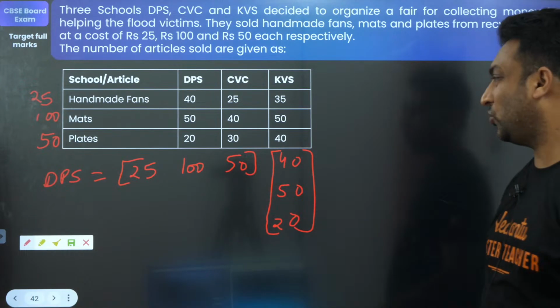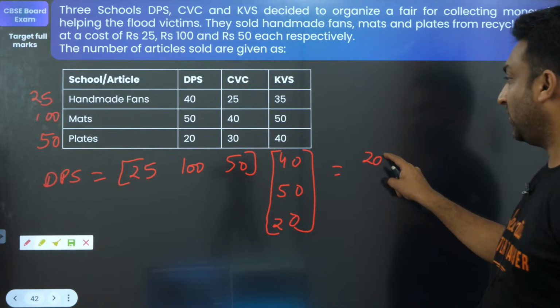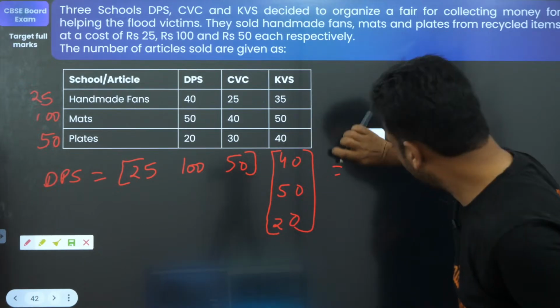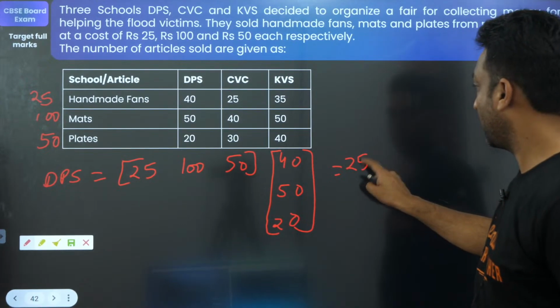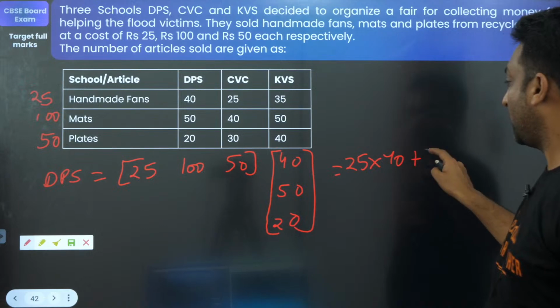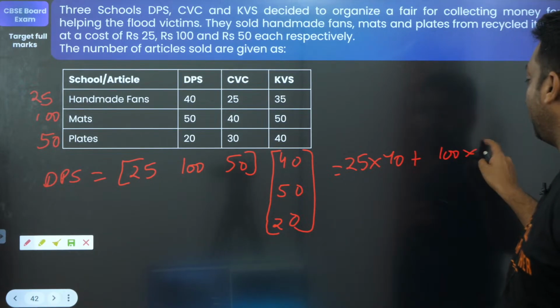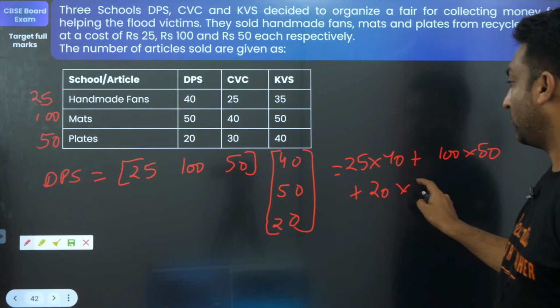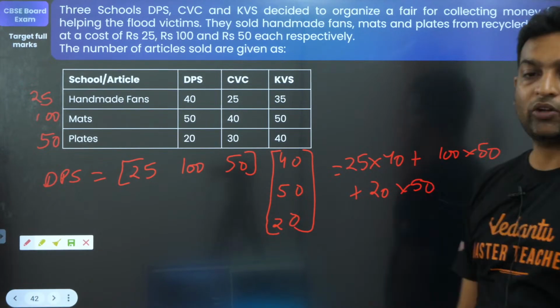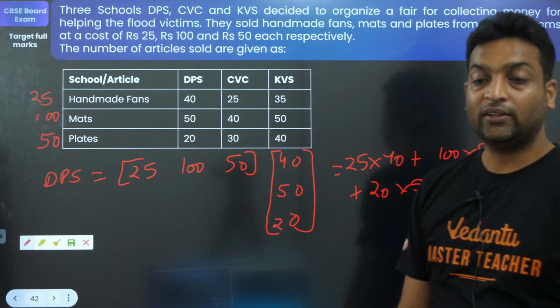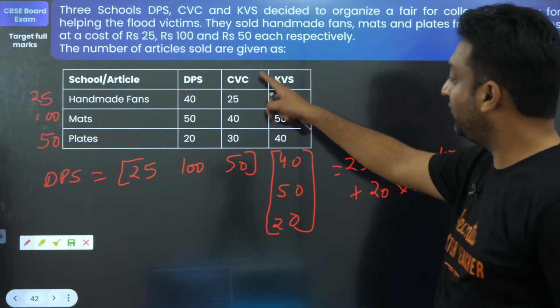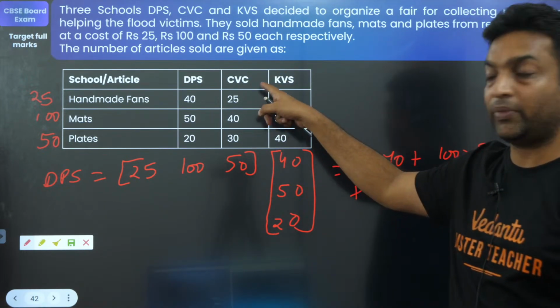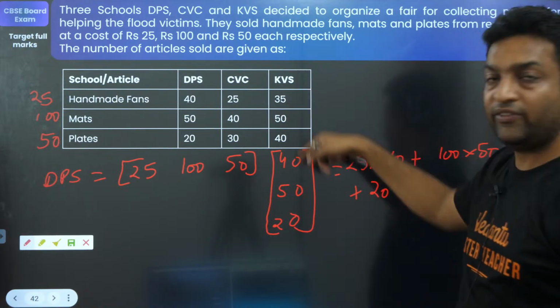Or you can directly do it as 25 into 40 plus 100 into 50 plus 50 into 20. This will be the total money collected by DPS. Similarly, you can find the total money collected by CBSE and by KVS.